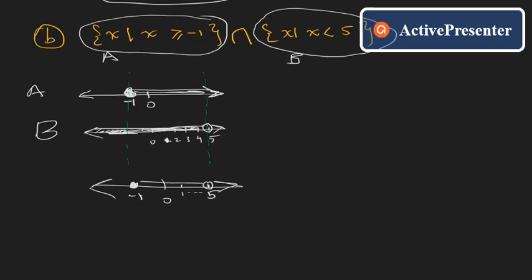Okay, this is the area. It is from minus 1 to 5 open. This is the intersection of these two sets.